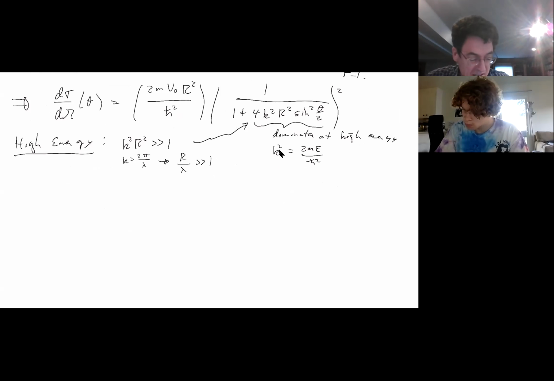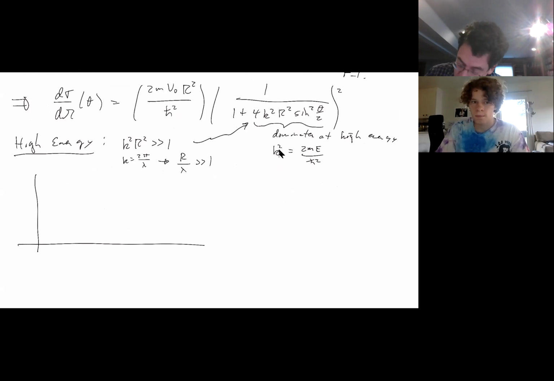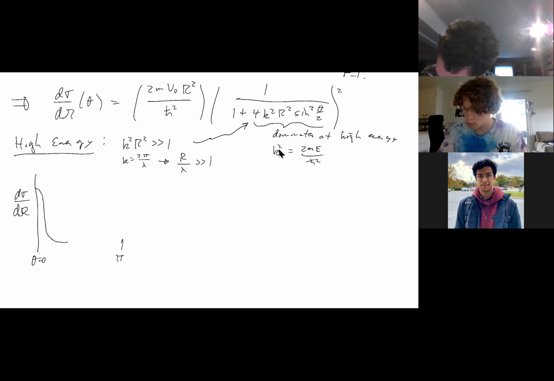And so if you plot that, it looks like this: d sigma d omega. Because it's 1 over sine squared theta over 2, it's going to fall. That's at theta equals 0, and this is theta equals pi. We see that it falls off.